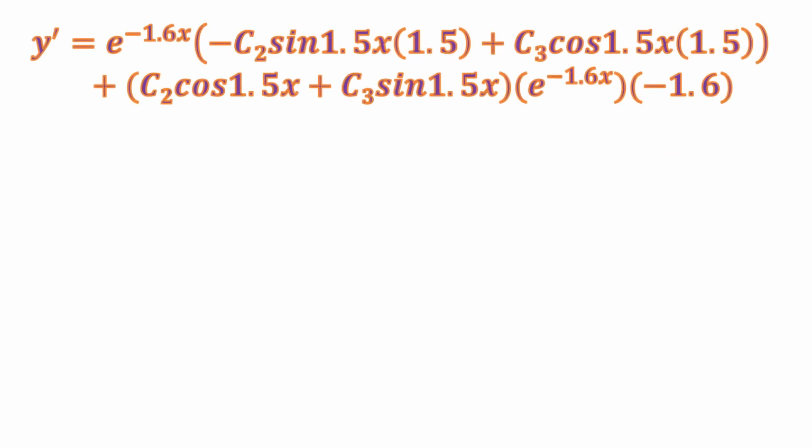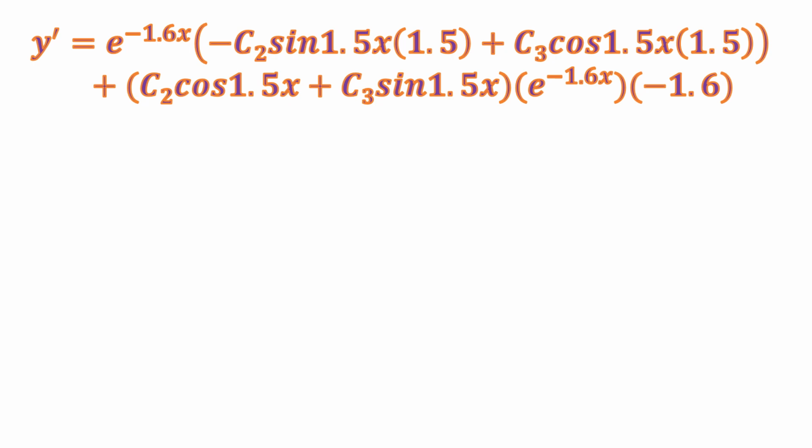And so this is our first derivative, and then we need to find the second derivative. Now to make it easier for us to find the second derivative, we are going to factor out e negative 1.6x because that's common to both terms, and we are going to distribute negative 1.6 so that it looks easier to solve.